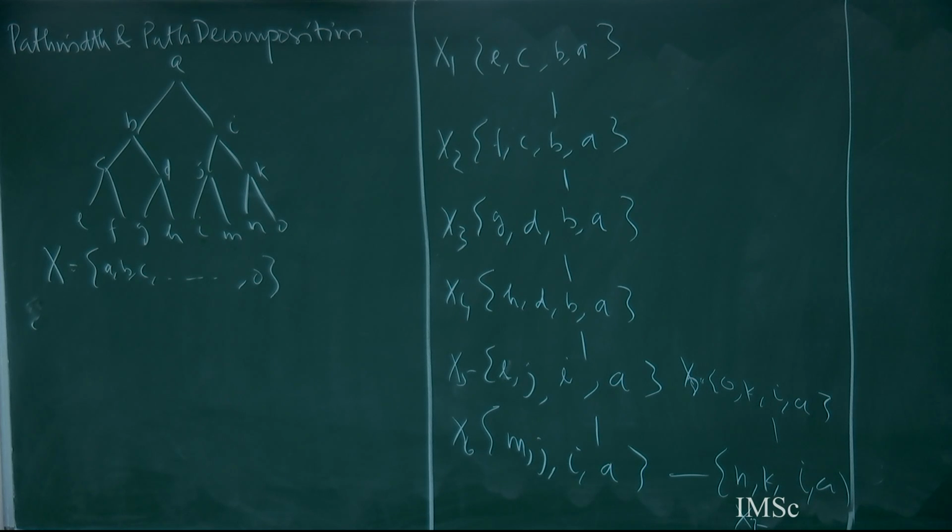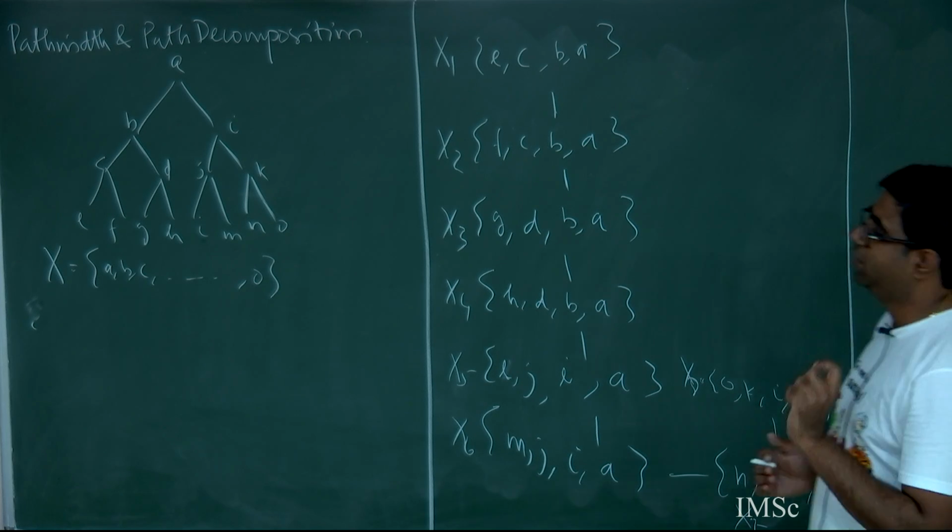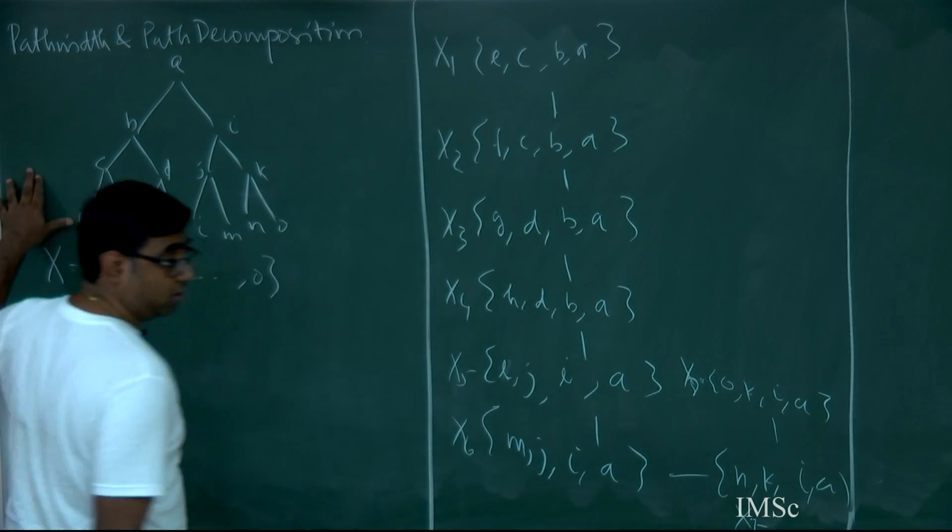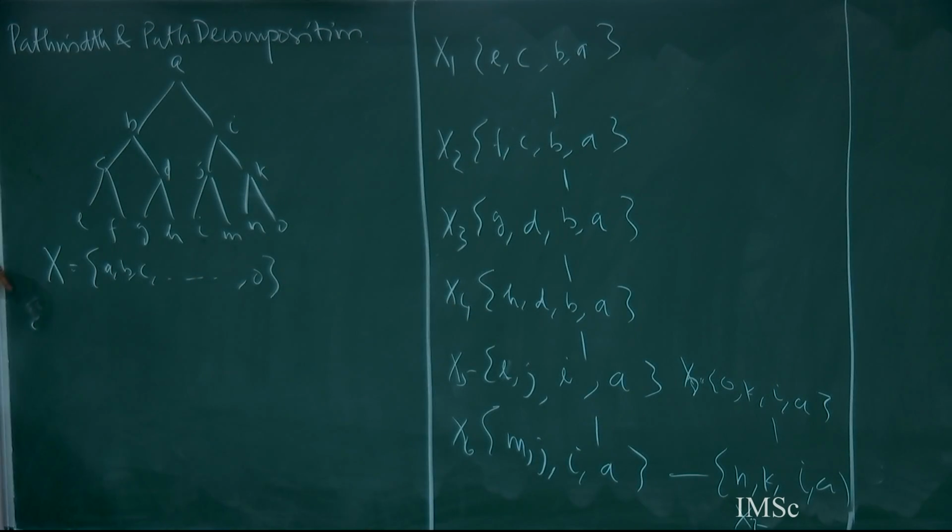Now similarly, we can define a notion of fat trees, and we will see soon when I define tree width that the tree width of trees will be 1, but the path width of a binary tree of depth k could be as bad as k. And in fact, you can prove that you cannot do better than this.